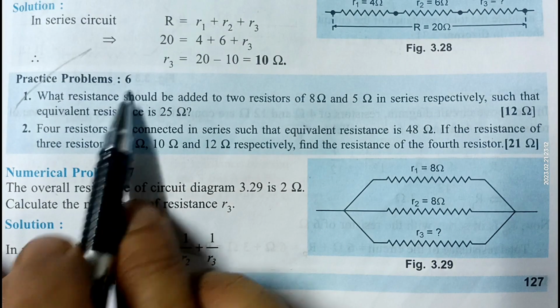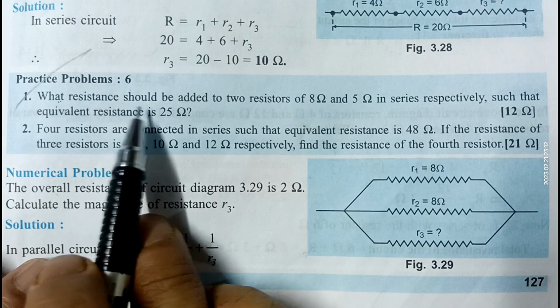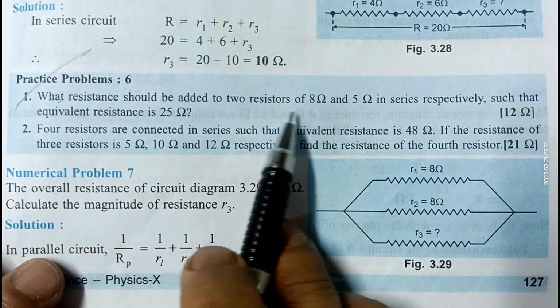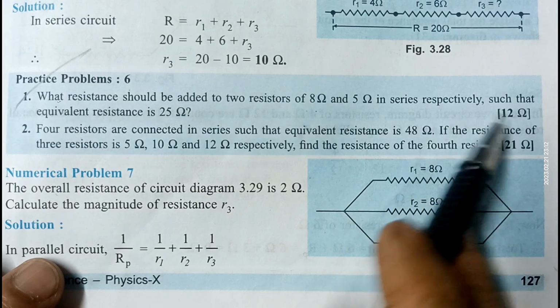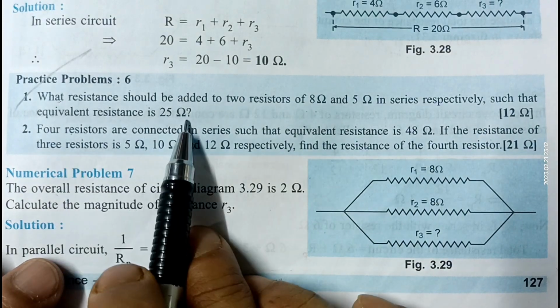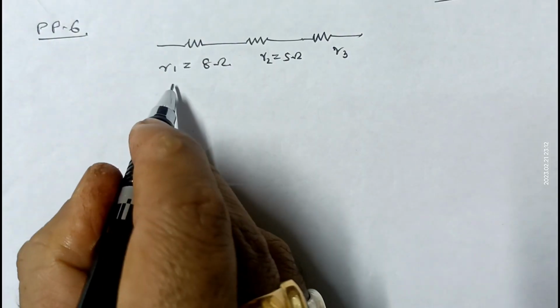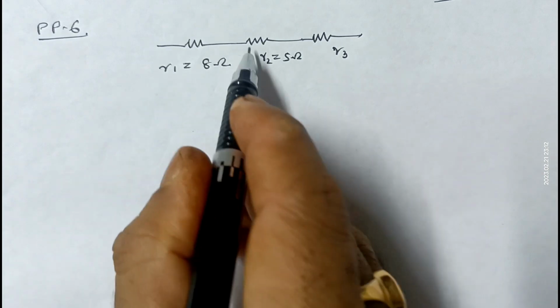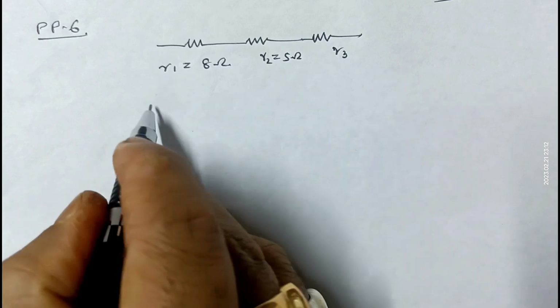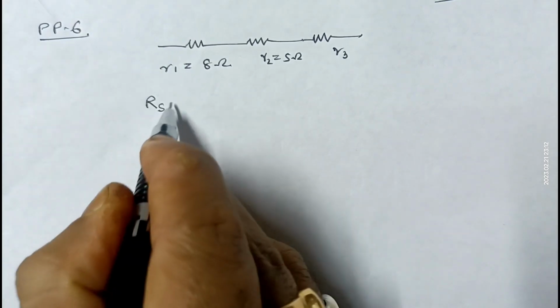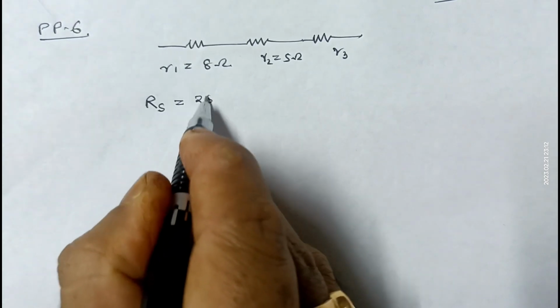In practice problem 6, question number 1, what resistance should be added to two resistors of 8 ohm and 5 ohm in series respectively, such that equivalent resistance is 25 ohm? Here, first resistance is 8 ohm, second resistance is 5 ohm, third resistance is not given, and it is given the resistances are in series, overall resistance is 25 ohm.